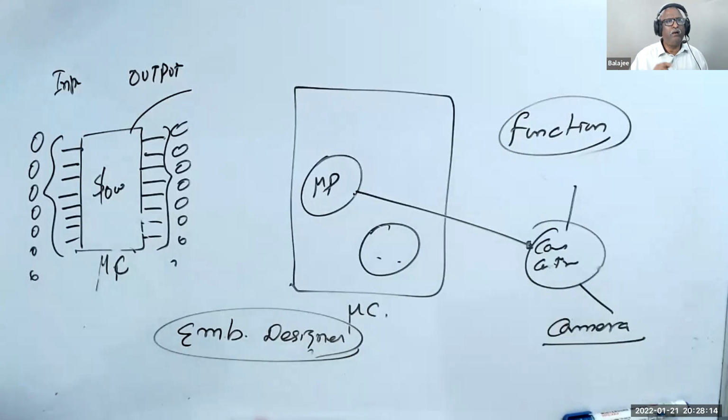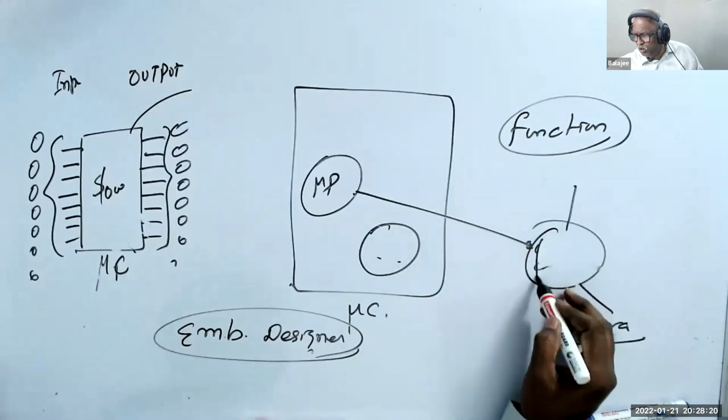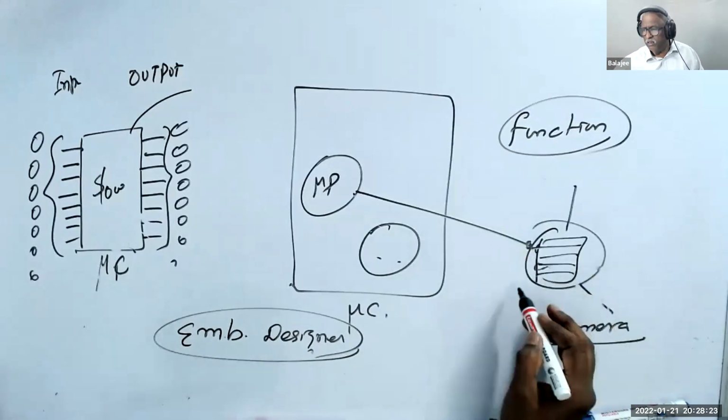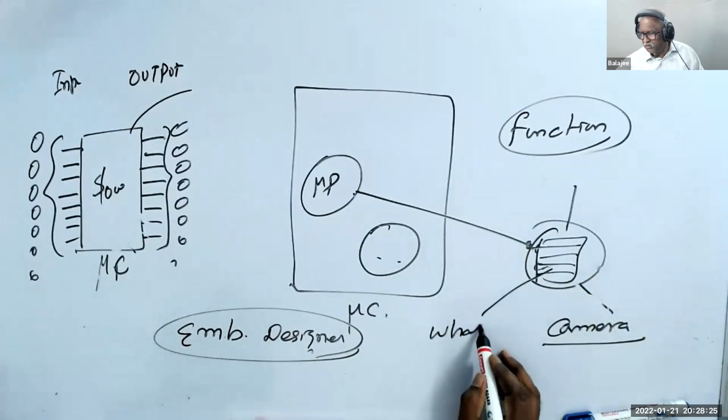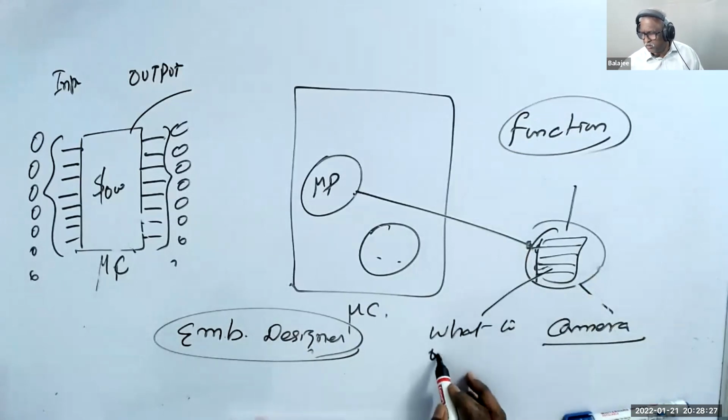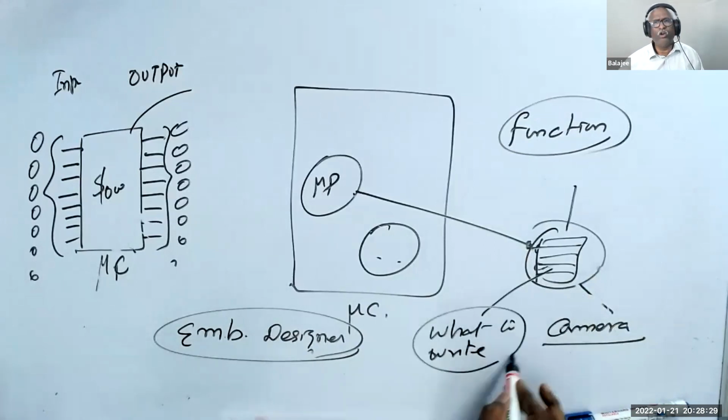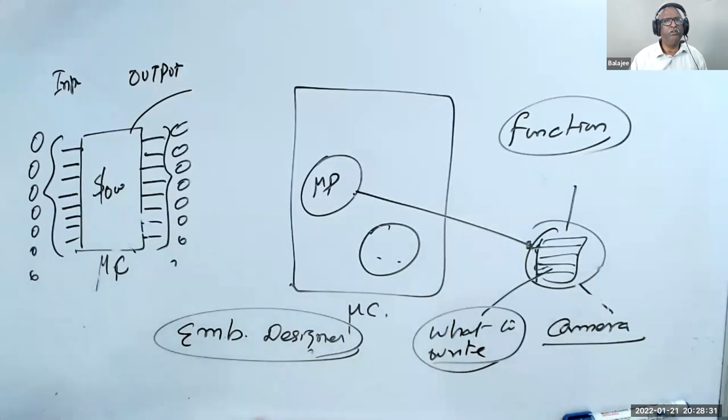Then, after reading the functions, you have to go to the controller registers. They will tell you what to write for a particular operation. This is your requirement today.